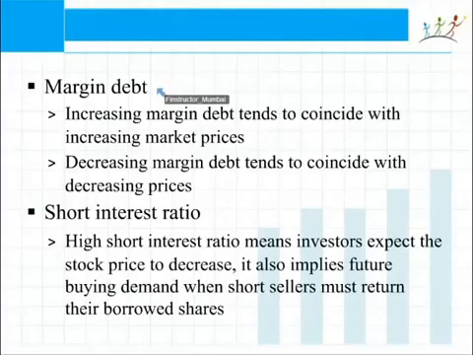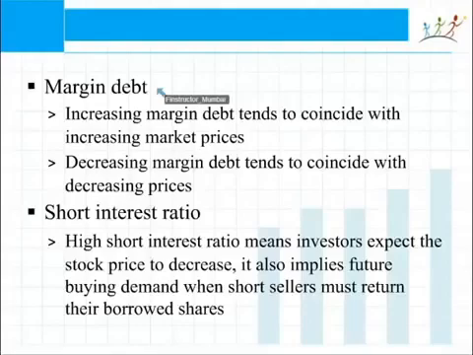The third non-price indicator is margin debt. So we studied in the chapter on equity analysis that to buy a stock, I don't have to pay the entire money upfront. I can use margining. That is, I can take a loan from the broker. So the stock is worth $100. I need only pay $50, and $50 is a loan given by the broker. If the stock falls, then I need to pay up more margin money corresponding to the maintenance margin.